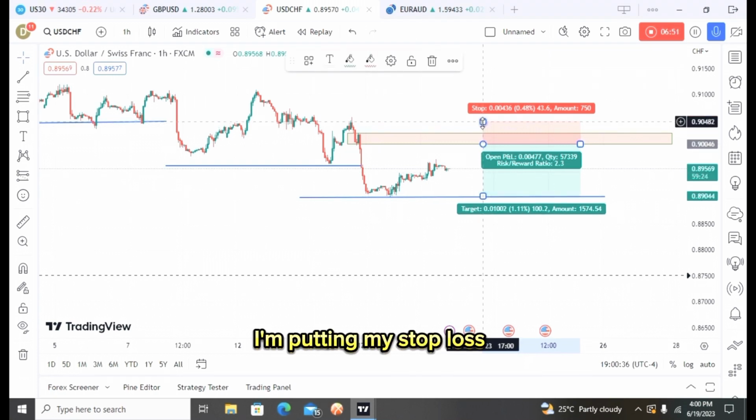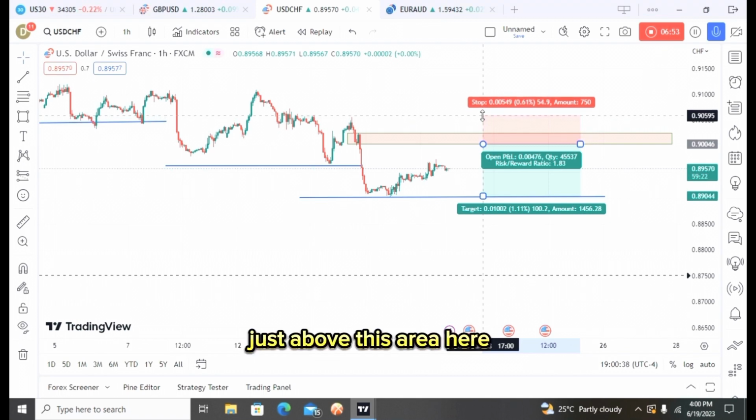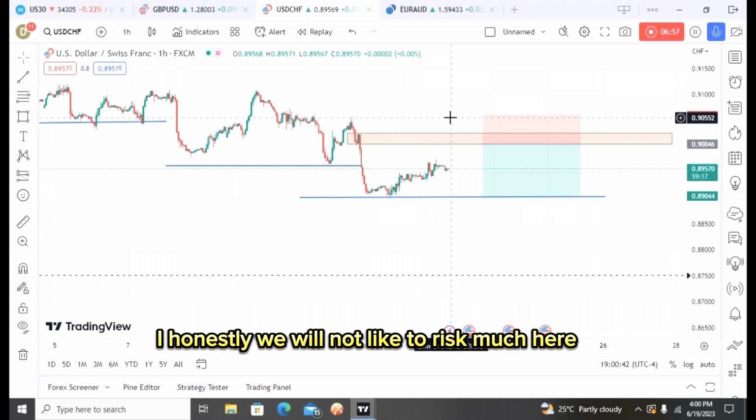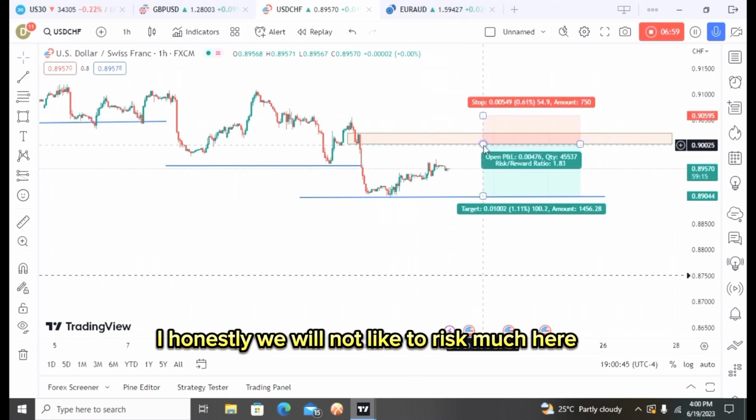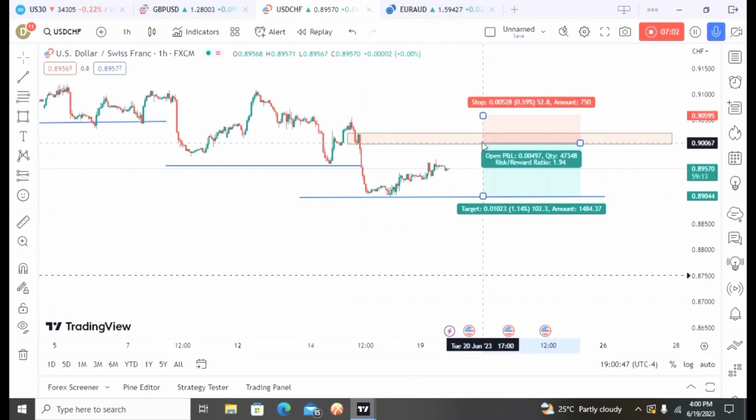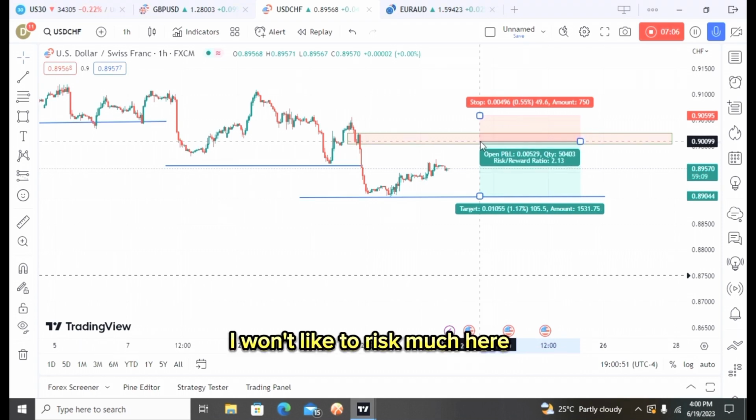I'm putting my stop loss just above this area here, and I honestly would not like to risk much here.